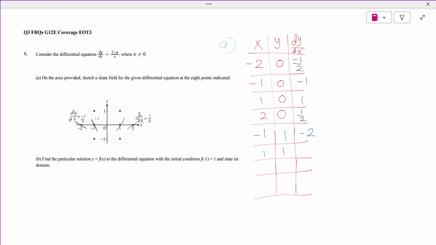And if you use 1 and 1, that would be 2, right? So those 2 segments here, this is negative 2, and this is 2. So here, dy over dx equals 2, and here dy over dx equals negative 2.